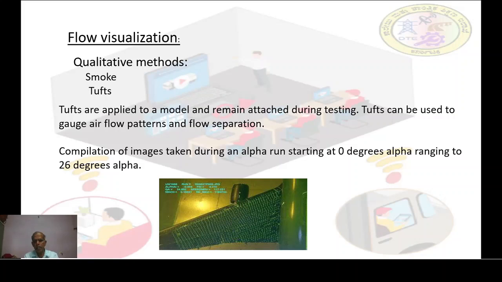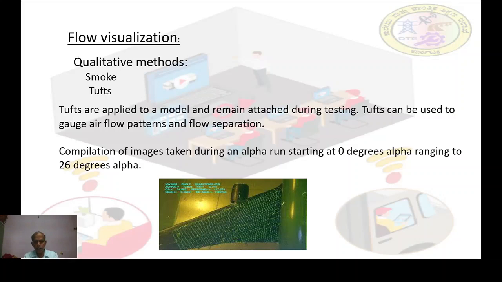Smoke has the advantage that it is relatively inexpensive to produce. Smoke can be injected from the surface or dispersed with a hollow rake that can be moved through the flow field.